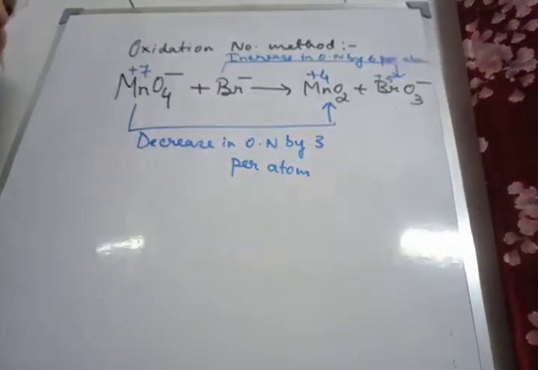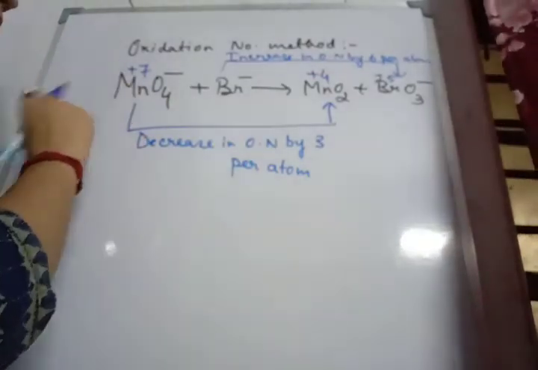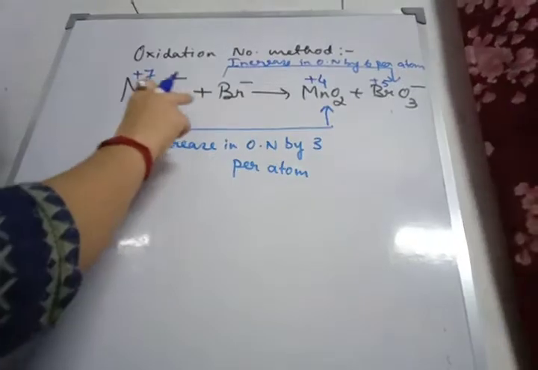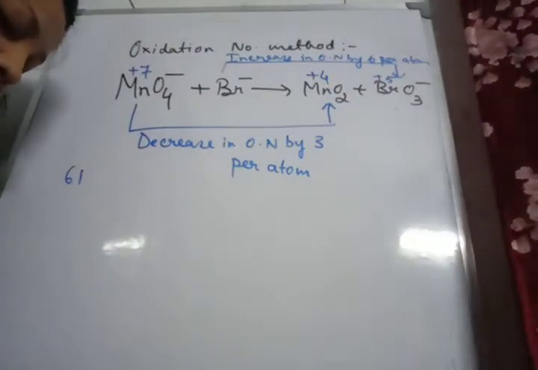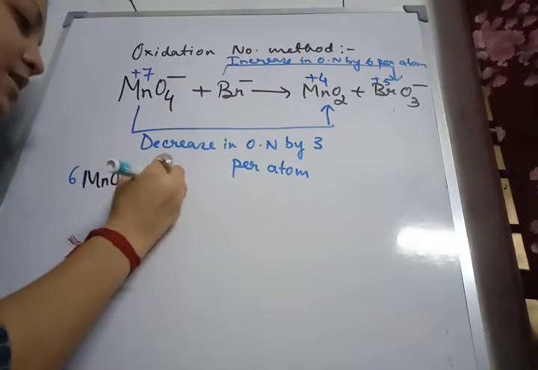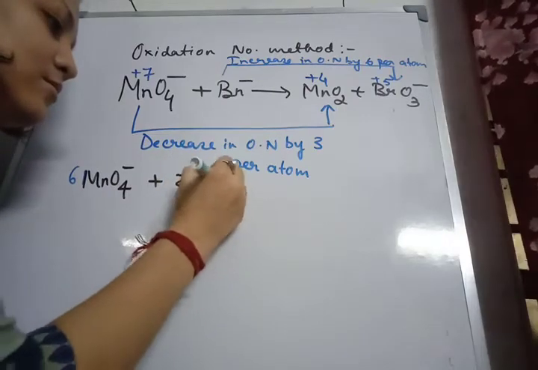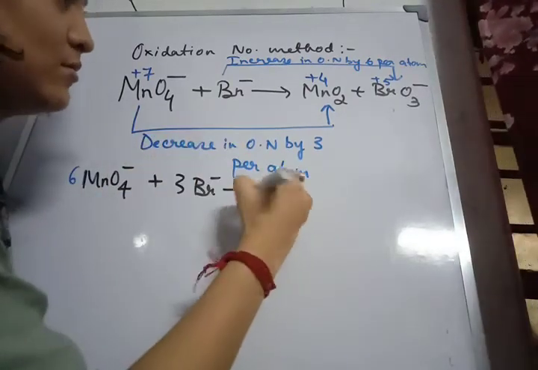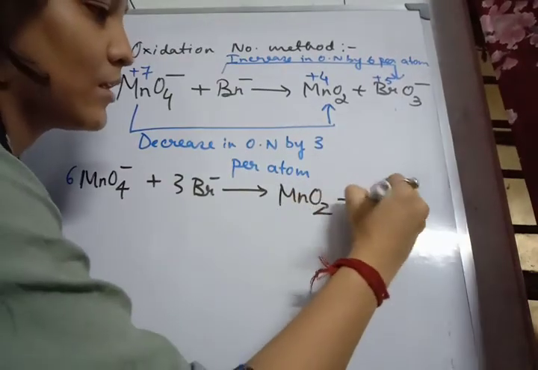Now we have to multiply MnO4 by 6 and Br negative by 3, as I have already spoken about in the rules.